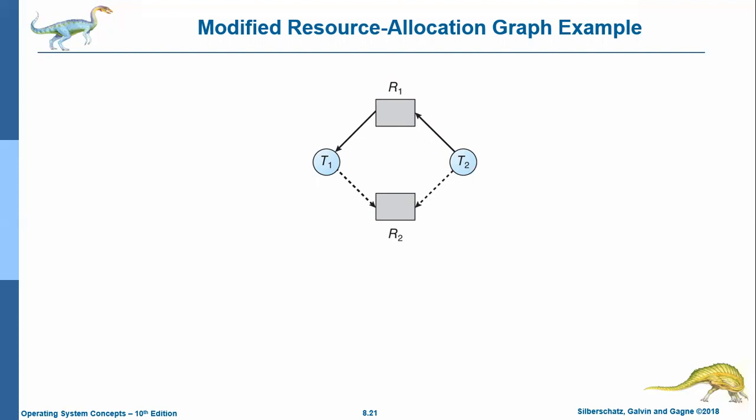Similarly, an edge which leads from process T2 towards R1 is a request edge. This edge indicates that T2 is requesting resource type R1. Whereas dashed edges, for example, an edge from T1 to R2, indicate the claim edge, that process T1 may need resource type R2 in future.